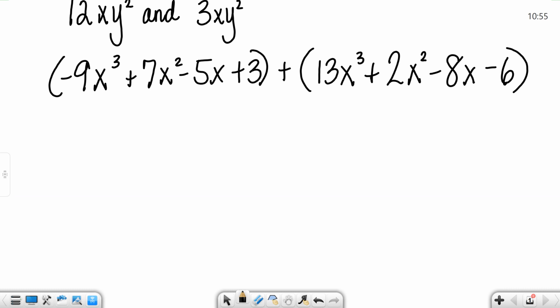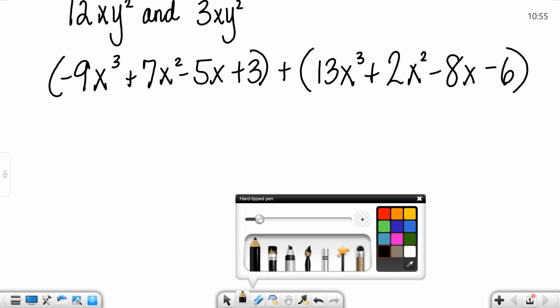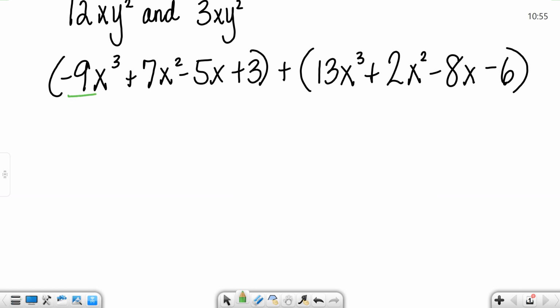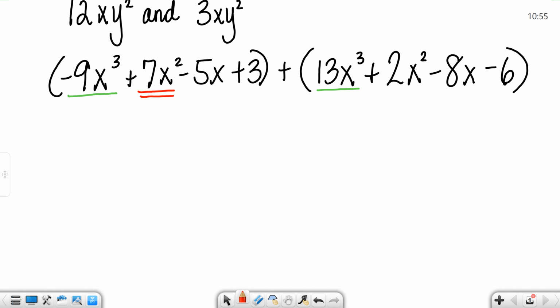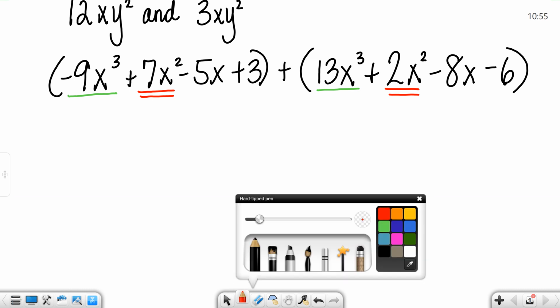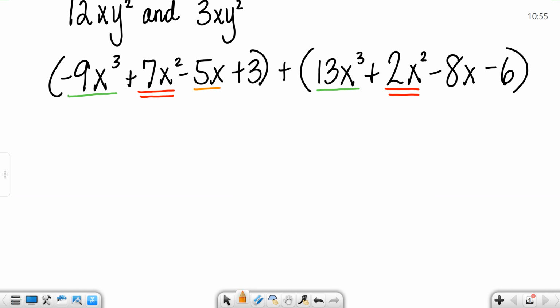Now, the first thing I'm going to do is identify what my like terms are. Now, I'm just going to use a different color to underline so we can decide what are the like terms. All right, so here we have an x cubed and an x cubed. So those would be considered like terms. We have here an x squared and an x squared. So those would be considered like terms.